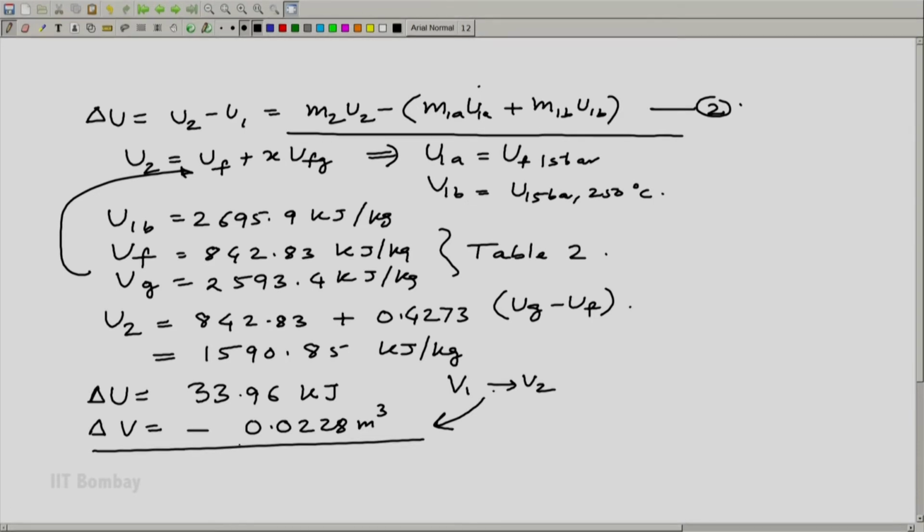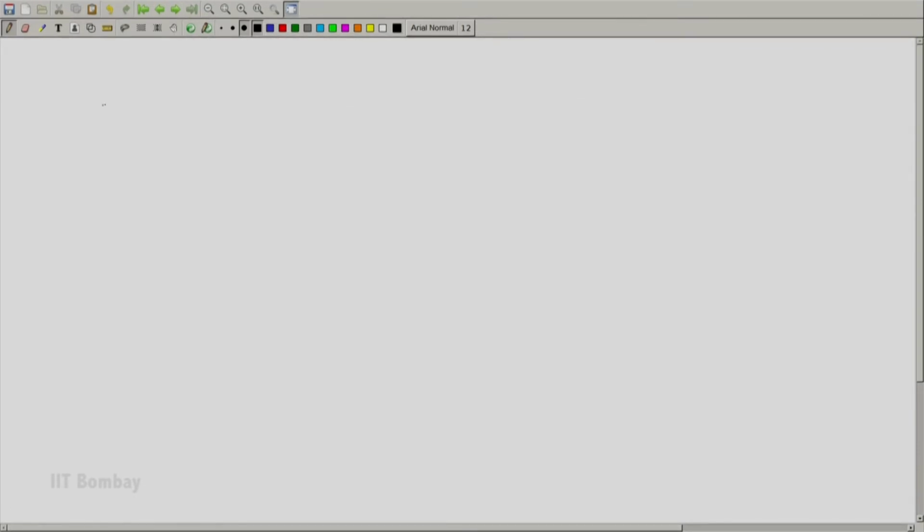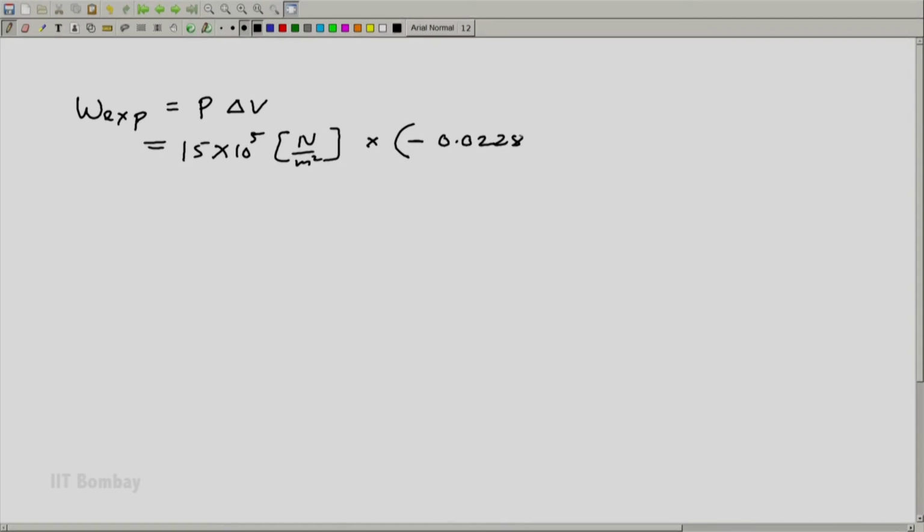process. Let us now understand the expansion work, W expansion work, which is P into delta V. Pressure is 15 into 10 to the power 5 Newton per meter square, into delta V is minus 0.0228 meter cube.